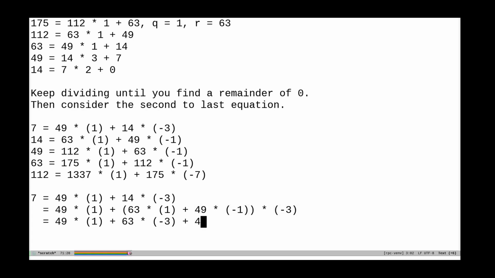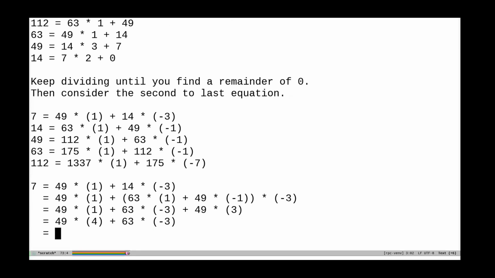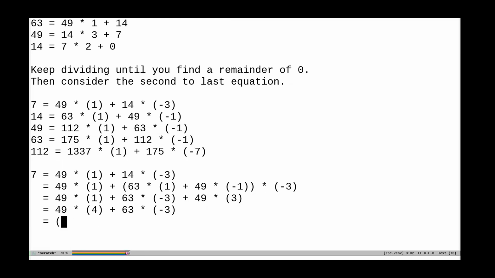So I have plus 49 times 3. So here I have done minus 1 times minus 3. And here I can group together the 49s. So I have 49 times 4 plus 63 times minus 3. And I mean, yeah, this is a pain, and you just have to work through it.